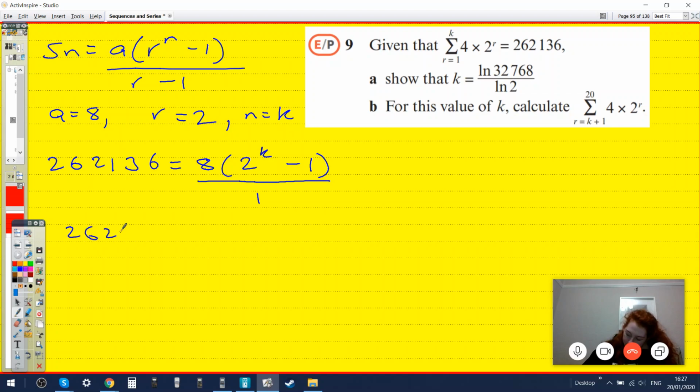So 262,136 is equal to 8 times 2 to the k. Because of BIDMAS, you have to do indices before multiplying, and because you don't know what the index is, the simplest form is just 8 times 2 to the k. You can't actually expand it. Okay. And that would be minus 8, yeah.